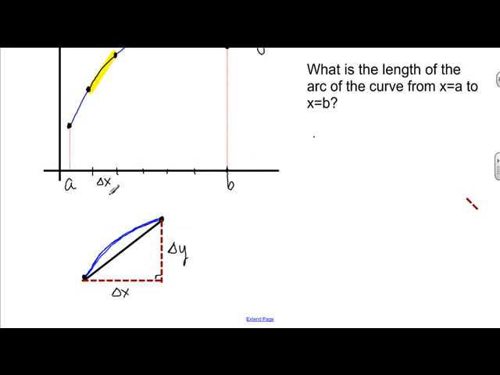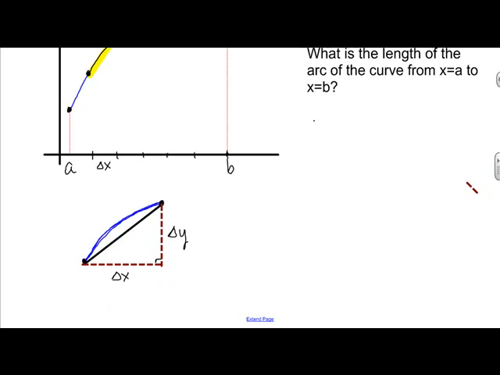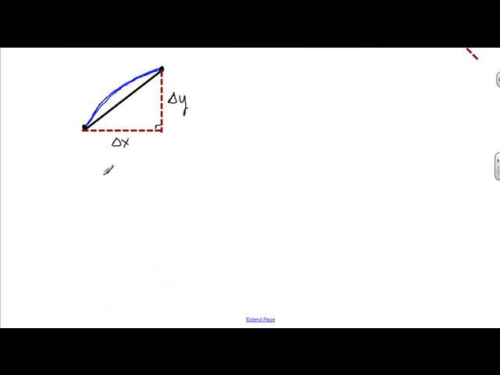So we can say that the length of that line segment is the square root of the change in x squared plus the change in y squared. All that is the Pythagorean theorem.